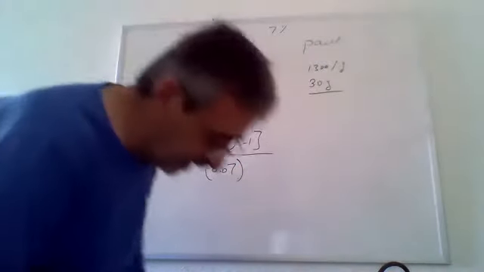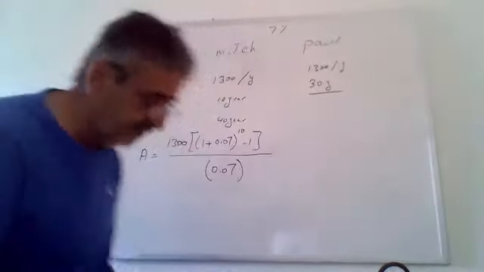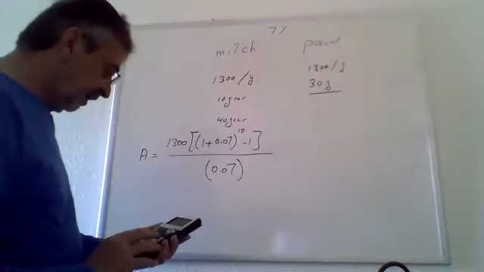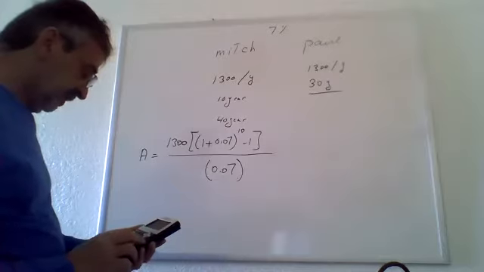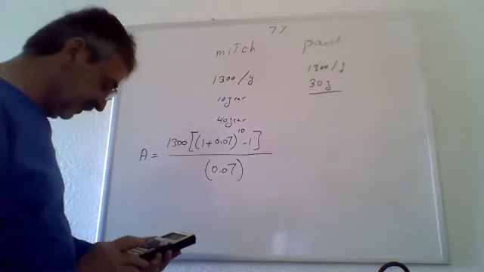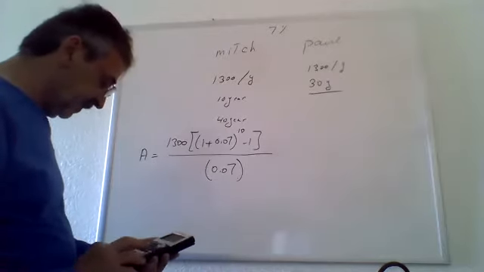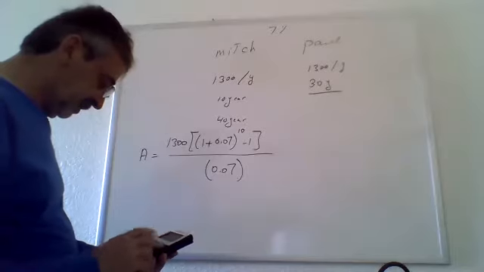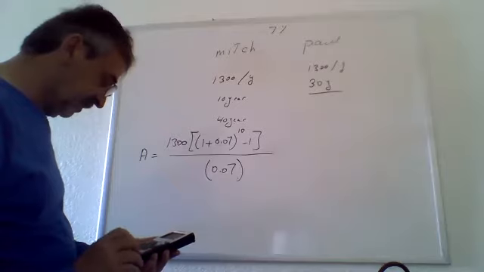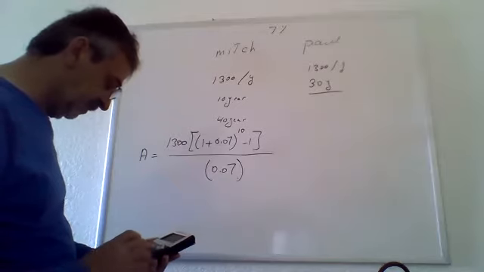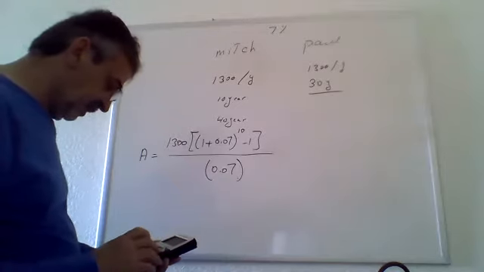This is the formula that we're going to use for the future amount. So let me clear that up. 1,300 times parentheses 1 plus 0.07 to the power 10, minus 1, divided by 0.07. Oops, clear that.